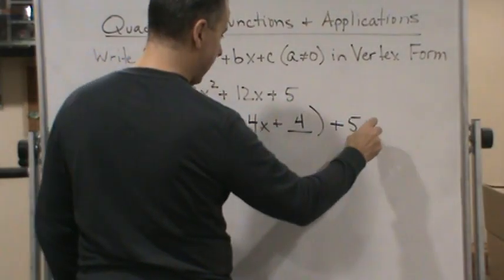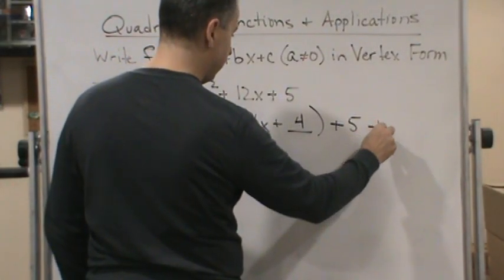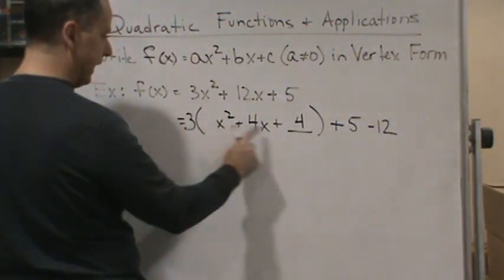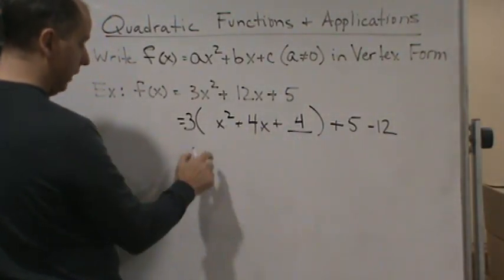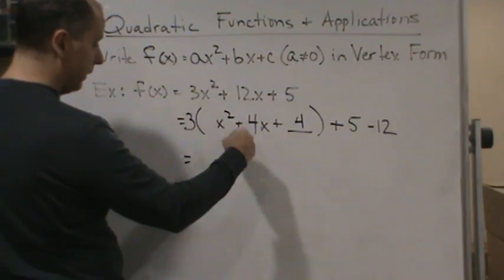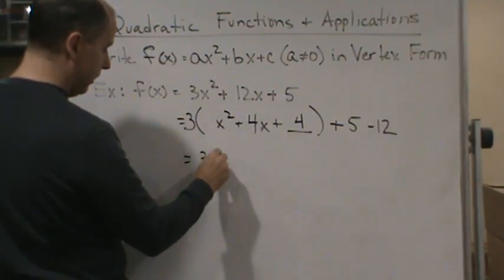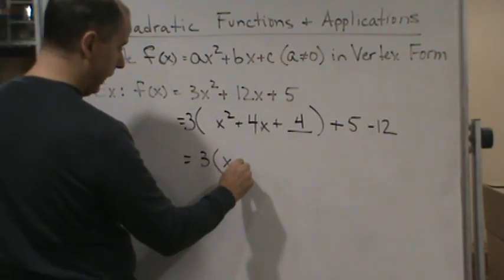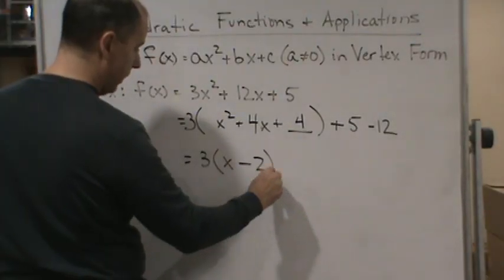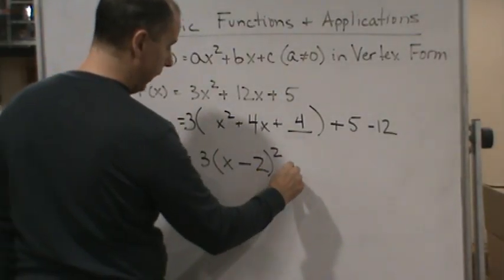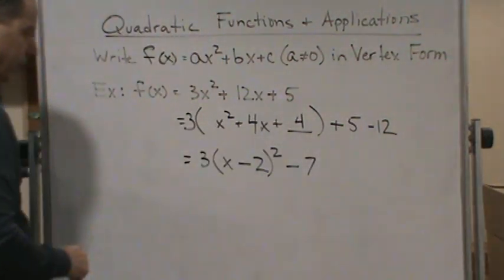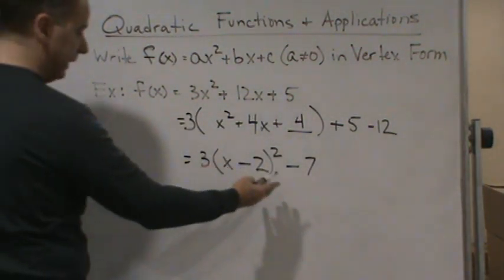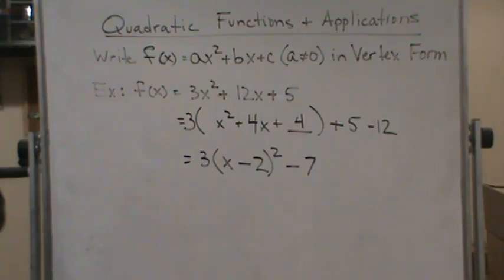So what I actually have to subtract is 12, because what I'm actually adding is this 4 here, but there's a 3 here. So now that I have this done, I get minus 7, and now I have it in vertex form.